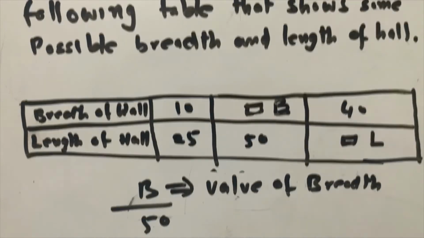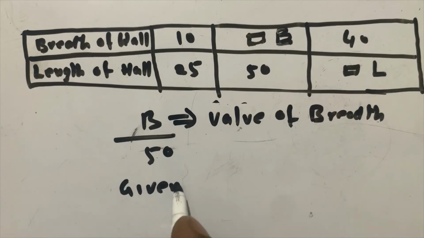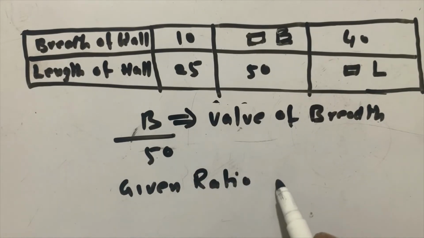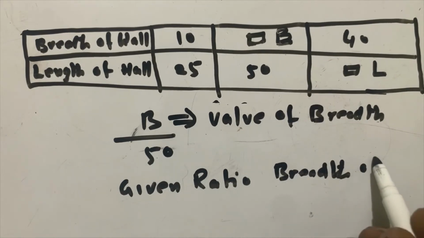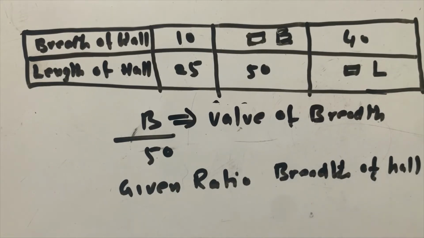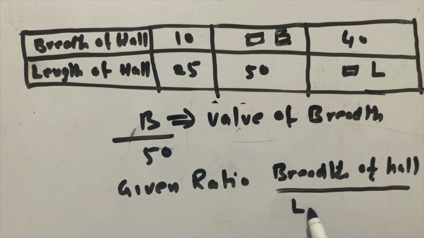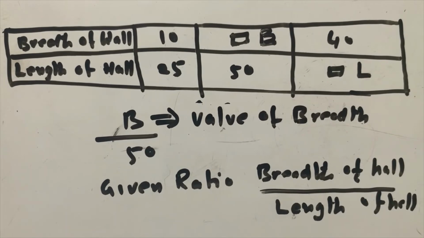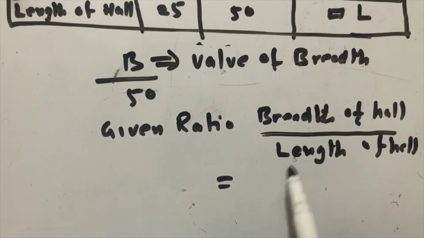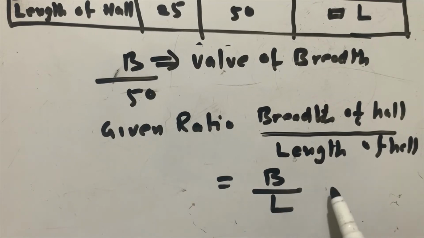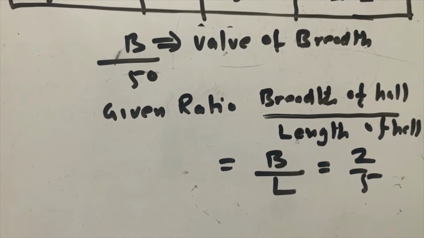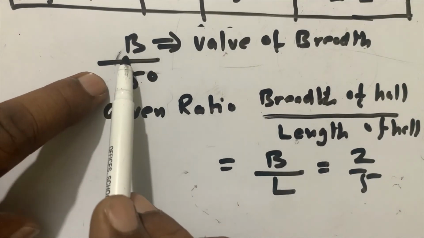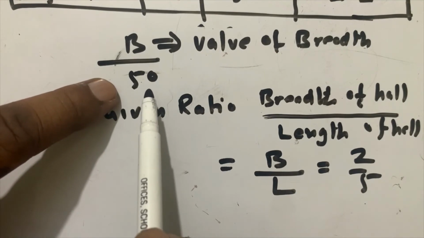Given the ratio of breadth of hall to length of hall according to the statement is 2:5. Now in this case breadth is not given and length is given, 50.